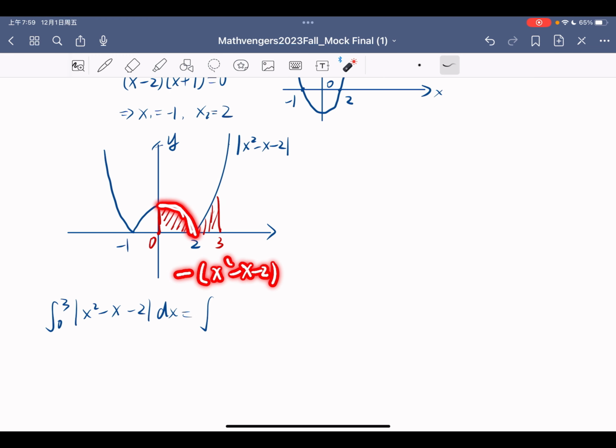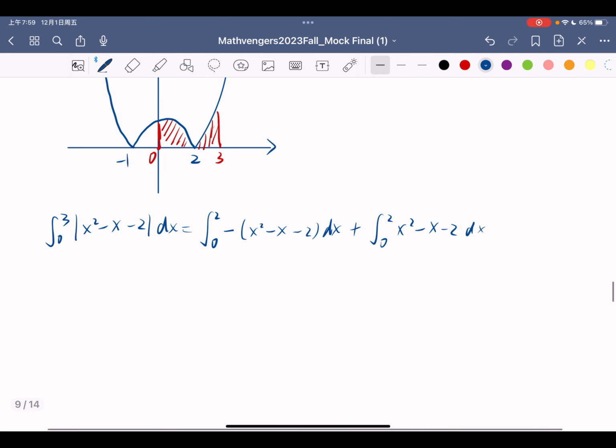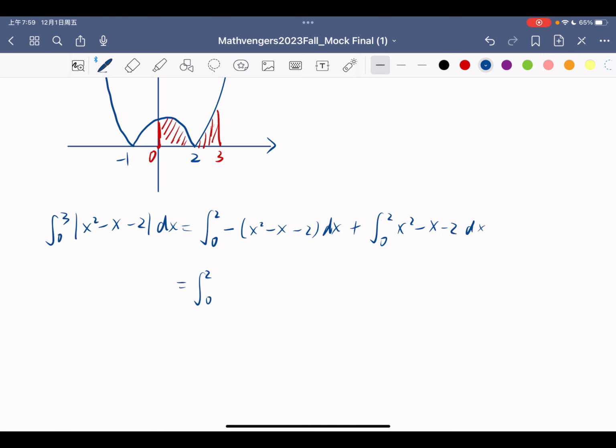Okay, so we write the integral of negative (x squared minus x minus 2) dx, plus the second part, the area from 2 to 3. This function is actually x squared minus x minus 2 dx. And we need to compute this.